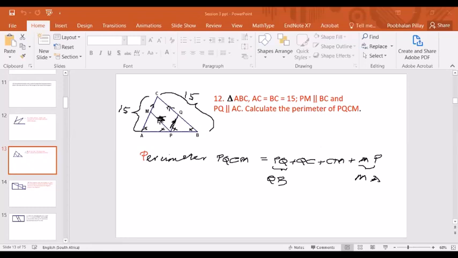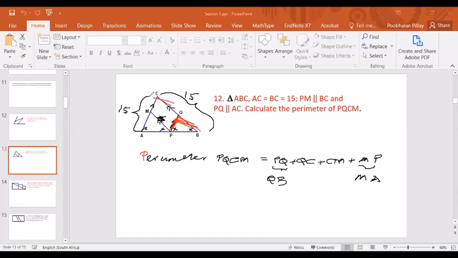Let me just shade that one. Let's use another color. So there's PQ. Oh, no, PQ is now QB. Right, so it's QB. Sorry.